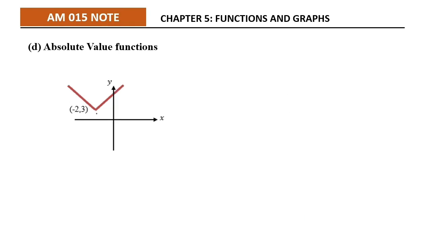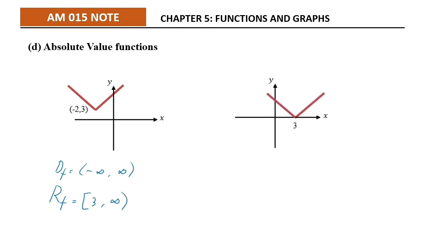For this graph, which has vertex (-2, 3), domain is from negative infinity to infinity, and range is from the lowest value, the vertex at 3, to infinity. Next function, vertex is at 3, so domain, there is no stopping of the graph, negative infinity to infinity, and range is from the lowest value of y, 0, to infinity.